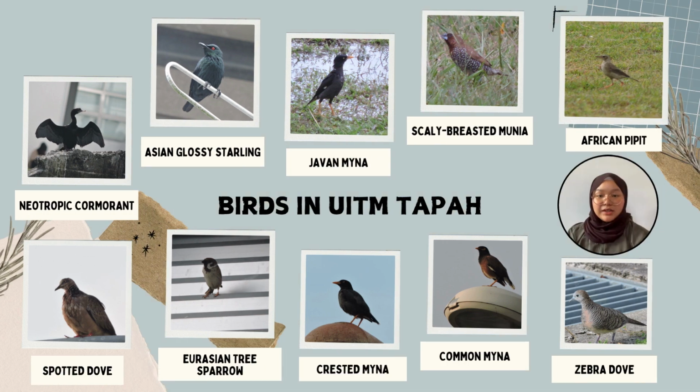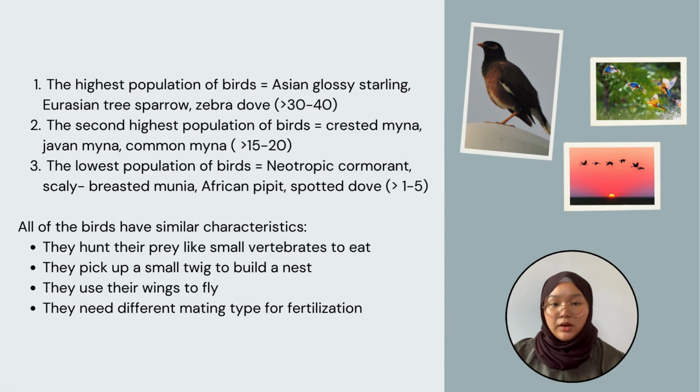Here are the birds that we captured at UiTM TAPAH. Neotropic cormorant, Asian glossy starling, Javan myna, scaly-breasted munia, African pipit, zebra dove, common myna, crested myna, Eurasian tree sparrow, and spotted dove. The highest population of birds in UiTM TAPAH is Asian glossy starling, Eurasian tree sparrow, and zebra dove, for about more than 30 to 40.